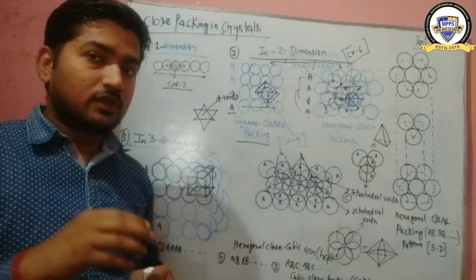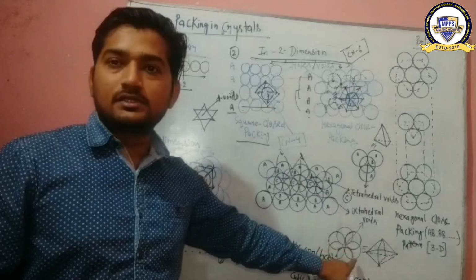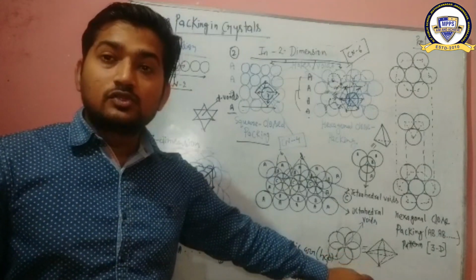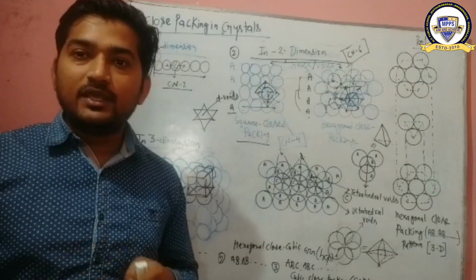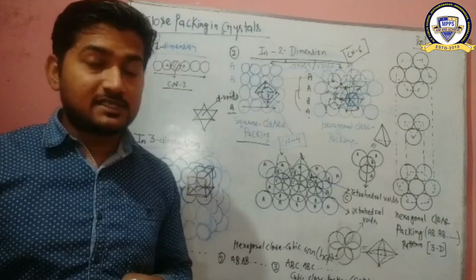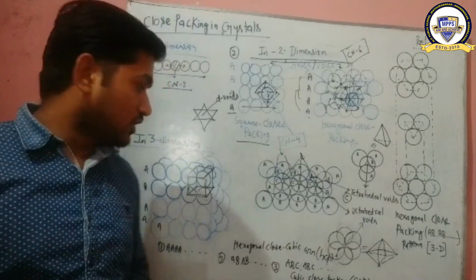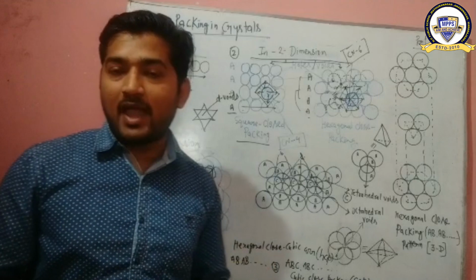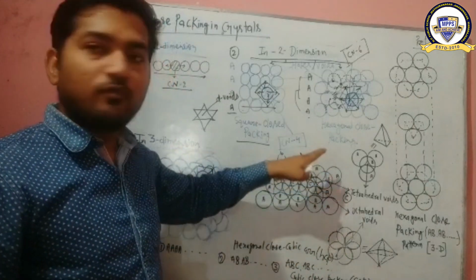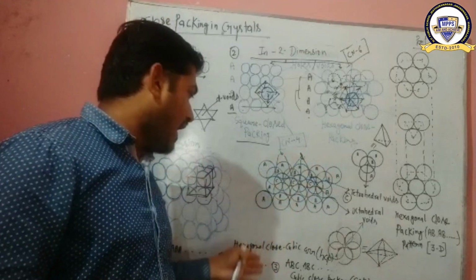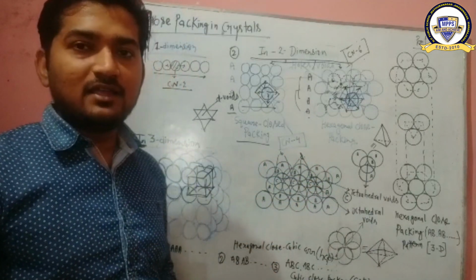But if the third layer acquires octahedral voids, that is your C, then it forms ABC, that is CCP type of structure, that means cubic close packing. So cubic close packing is ABC type of arrangement, whereas hexagonal close packing is ABAB arrangement.